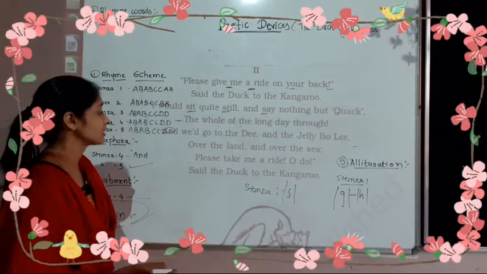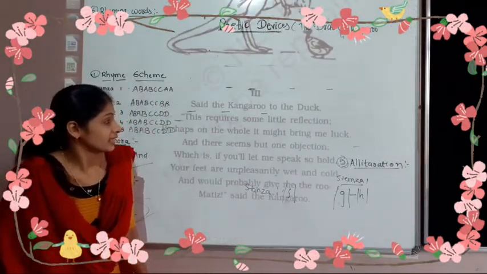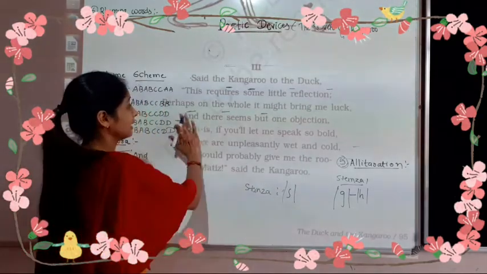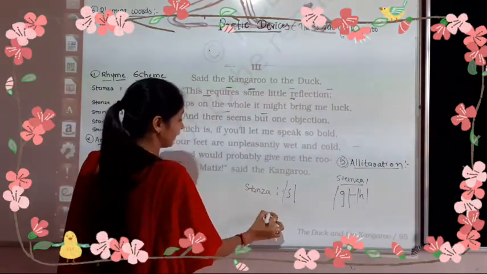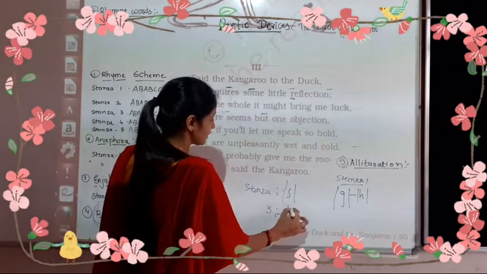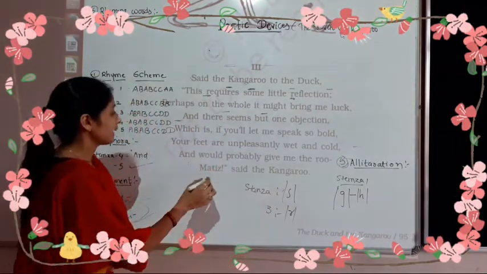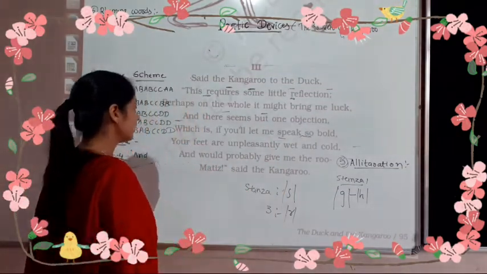Many examples are there of alliteration. In stanza number 3, you can say that require and reflection, R sound is repeated here. Then speak and show, S sound is repeated here.